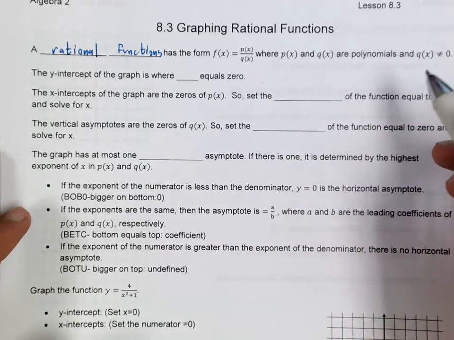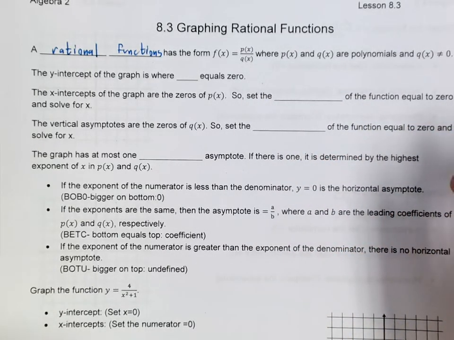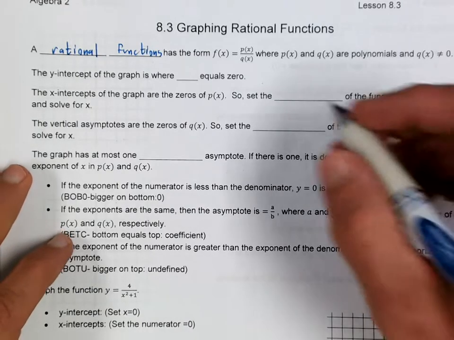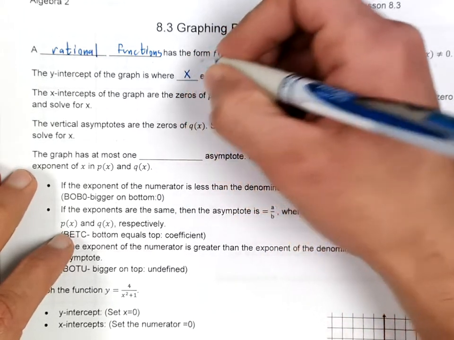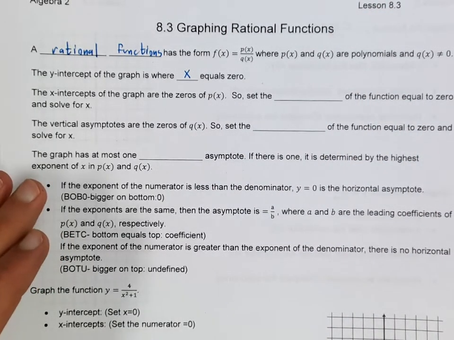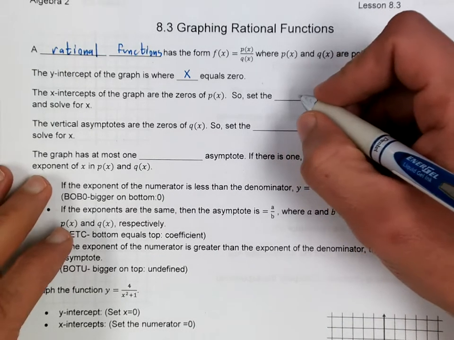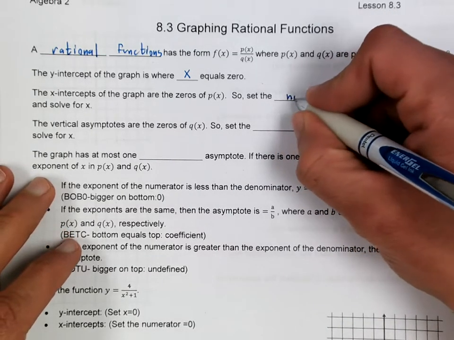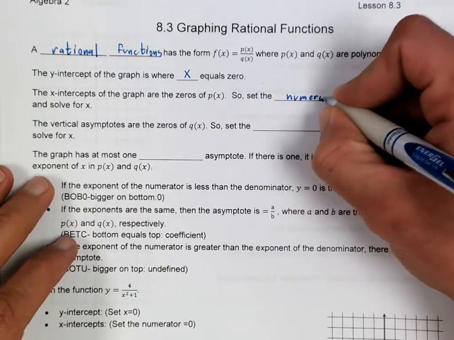Now, to find the y-intercept, not only in this but in any type of function, you're going to set the x coordinate equal to 0. To find the x-intercepts of the graph, you are going to set the numerator equal to 0.